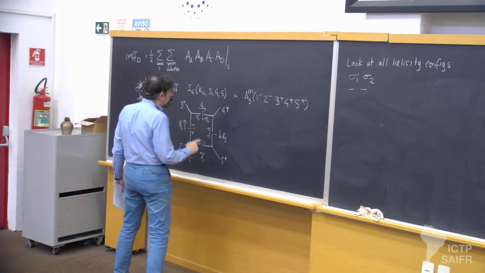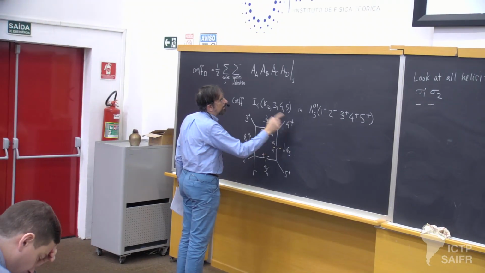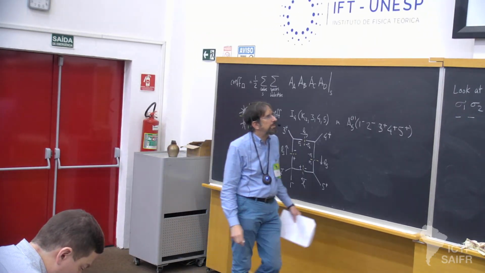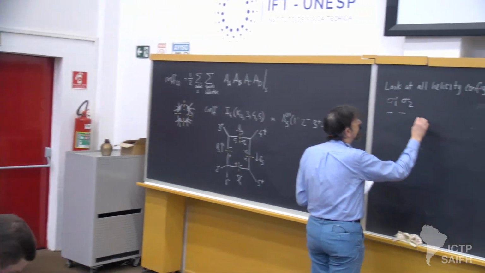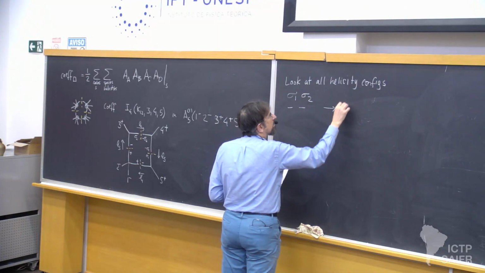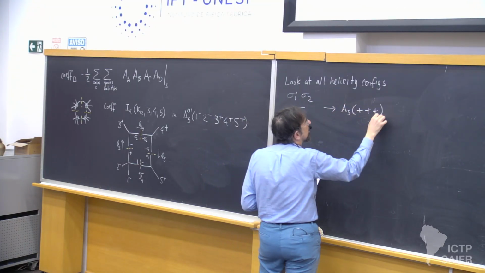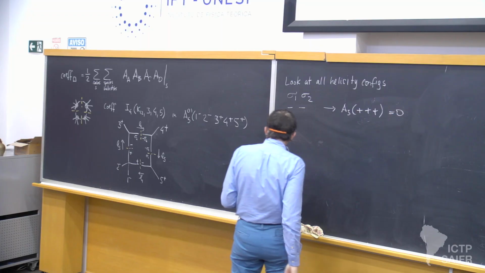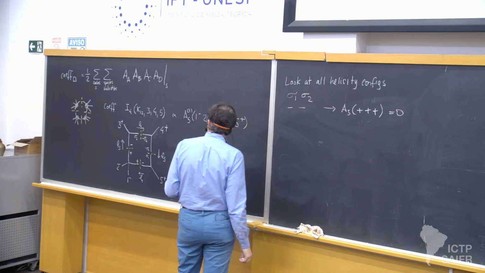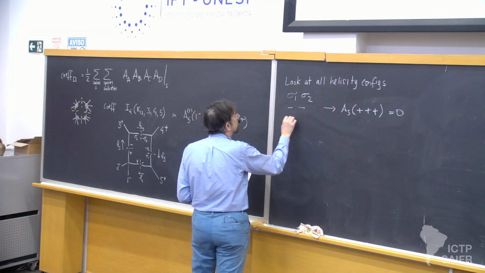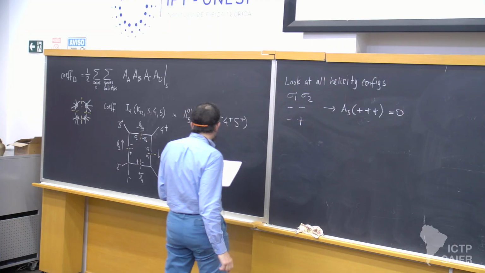So then this is going to be plus, this is going to be plus, and that's going to be a plus. So we have an all plus 3 point amplitude. And that's going to give us an A3 plus plus plus, which is equal to 0. So we don't need to worry about that contribution. And I hope I have the signs. I have the signs backwards here. We'll find out in a minute.